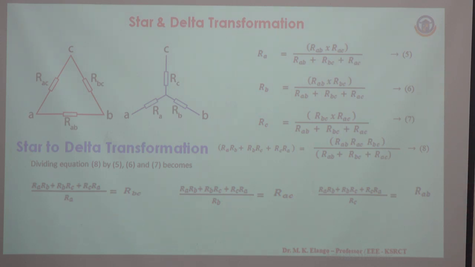When we divide equation 8 by 5, on the left hand side we get RARB plus RBRC plus RCRA divided by RA. On the right hand side we get only the term RBC, because the remaining terms vanish with the denominator of equation 5. So RBC is equal to RARB plus RBRC plus RCRA divided by RA.